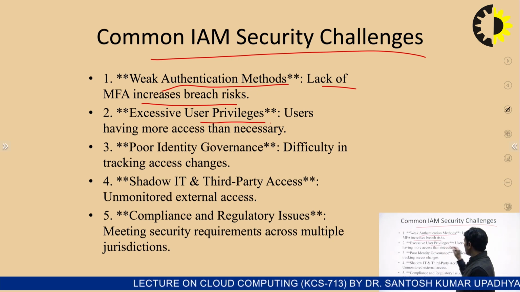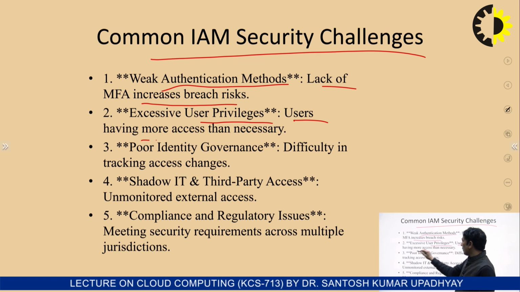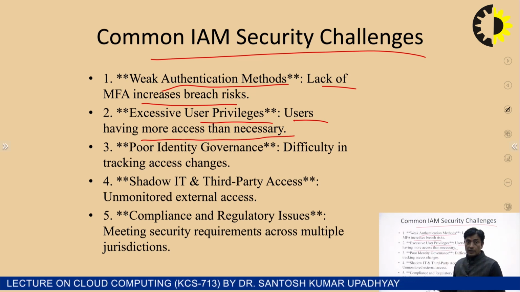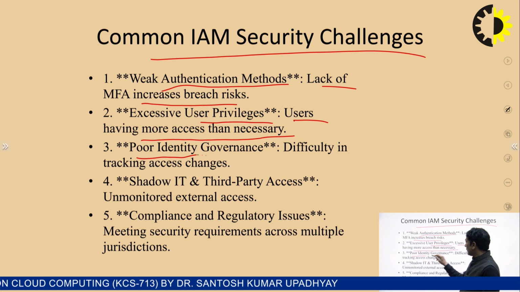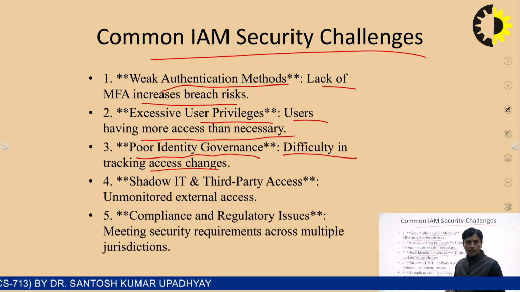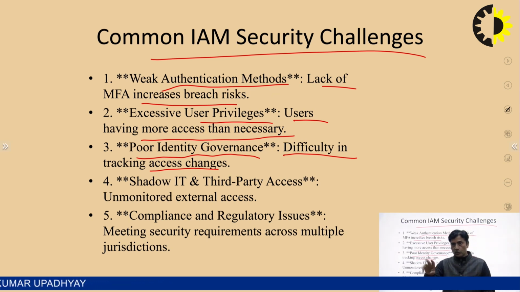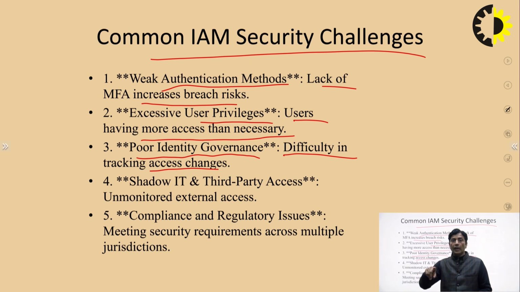Excessive user privileges, where a user has more access than necessary, is also dangerous. Poor identity governance makes it difficult to track access changes. There should be a proper log file generated when there are changes, so that any change in the system can be easily tracked.